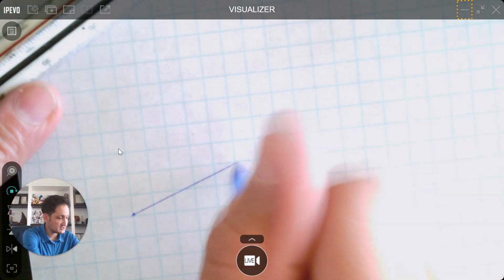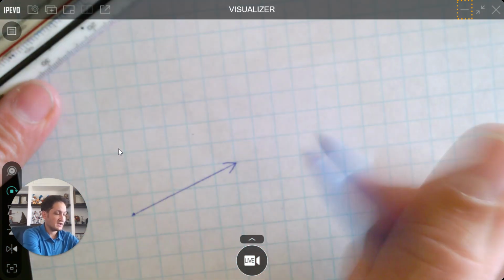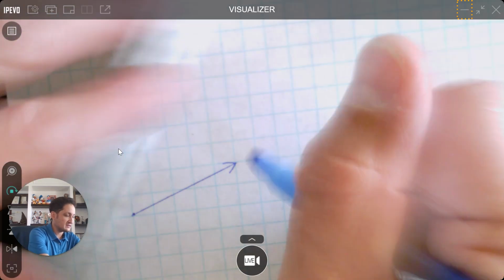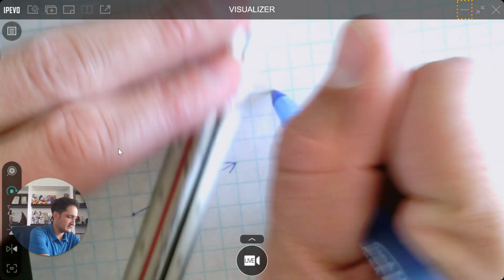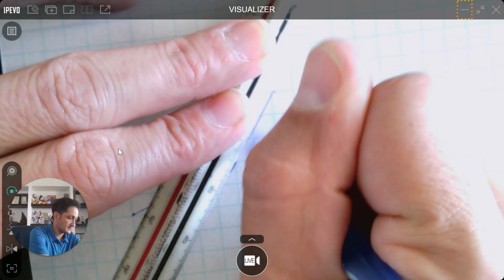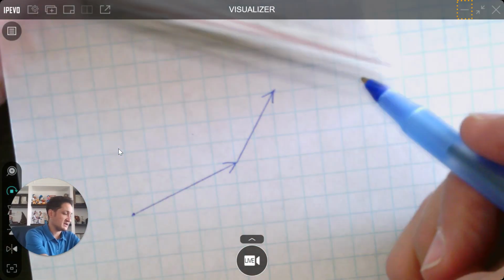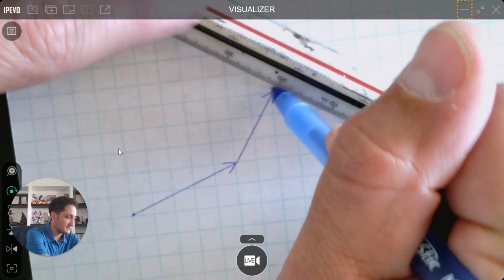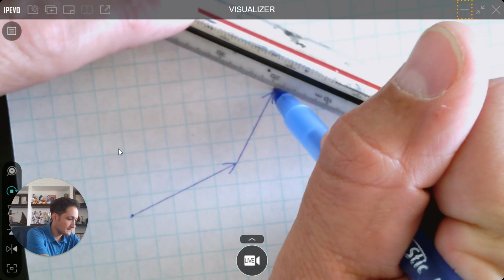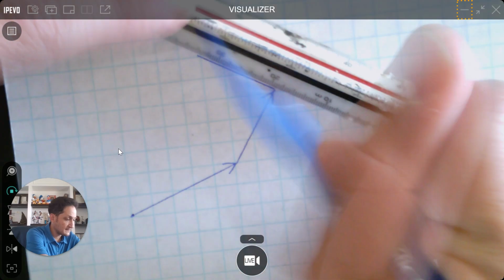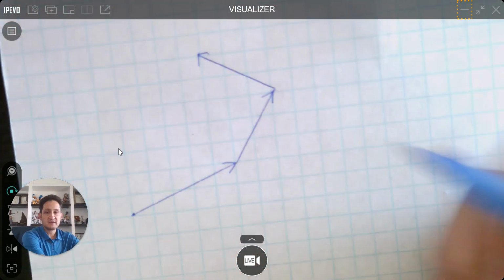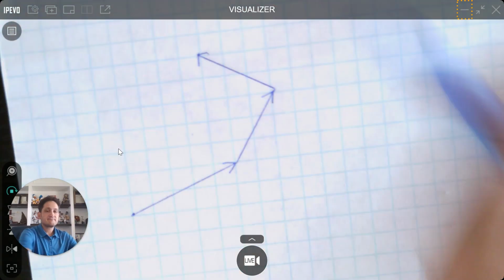A goose is flying this direction. And then there's a strong wind that's pushing him this way. And then all of a sudden it decides to go backwards. I don't know. This is a terrible analogy. Whatever. Okay, fine. Whatever. I could do this forever.